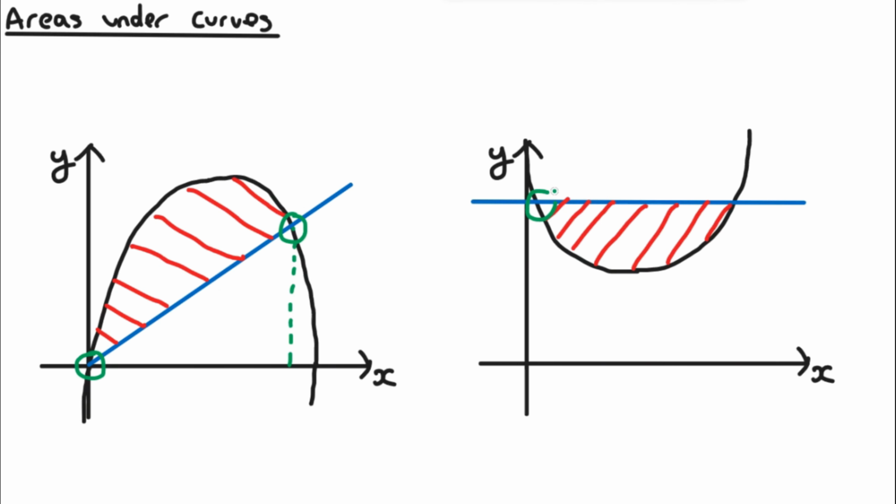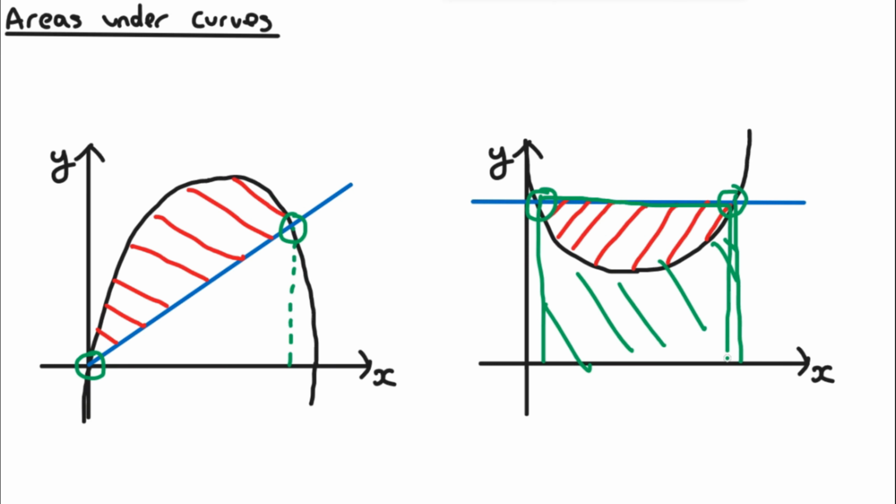And then for this one, if we do the integral from here to here, it will give the area under the curve, so it will give this area here, and therefore this here is a square. So therefore what you can do then is you can find the area of the square and then minus the area under the curve with the integral, and that will give you this area here.